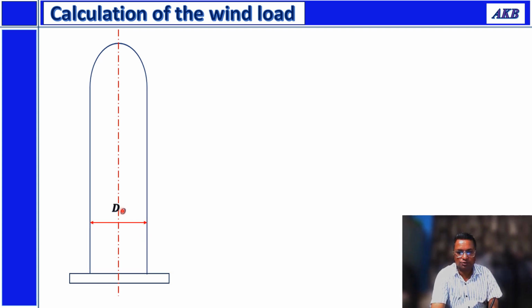Let us consider a typical column whose outer diameter is DO, which includes the insulation also if it is an insulated column. Let H be the height of the column.